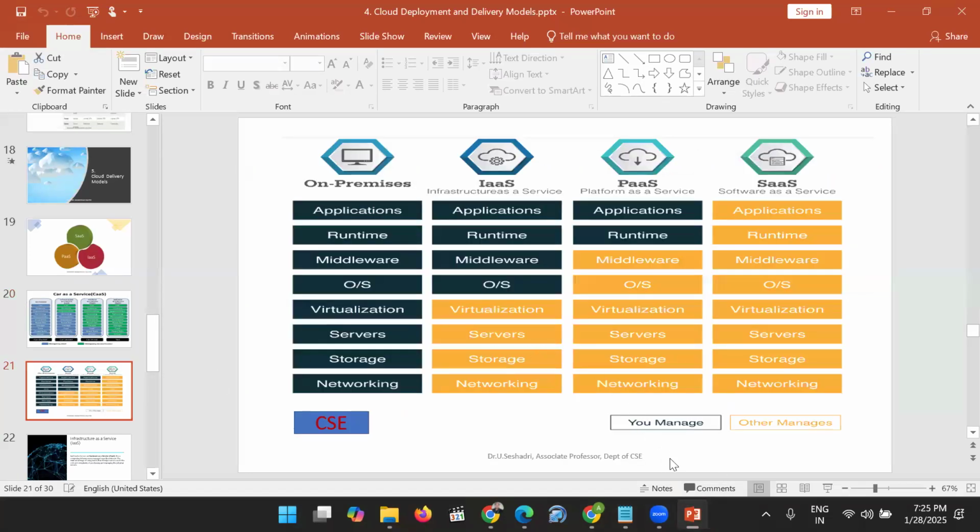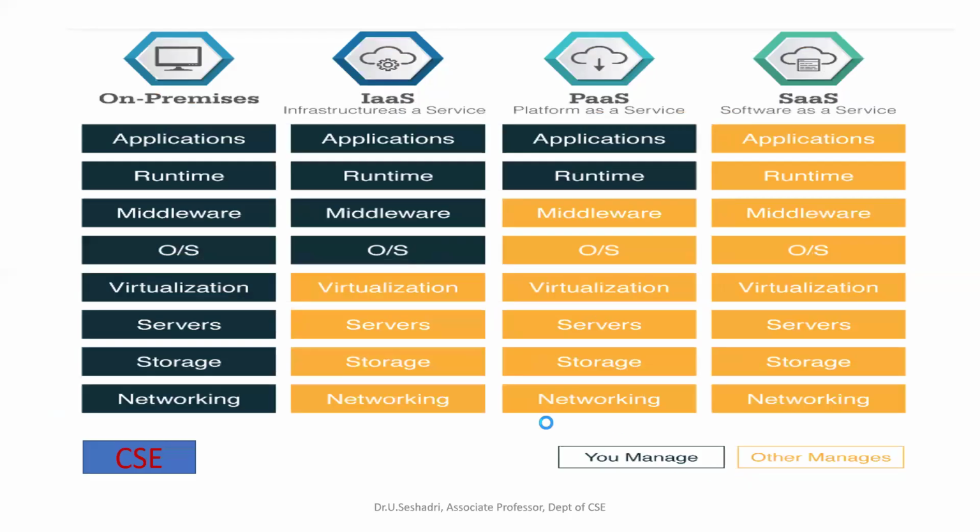Now we are going to explore the cloud delivery models. In on-premises, we have networking, storage, servers, virtualization, then the operating system, that is Linux or Windows or Mac.